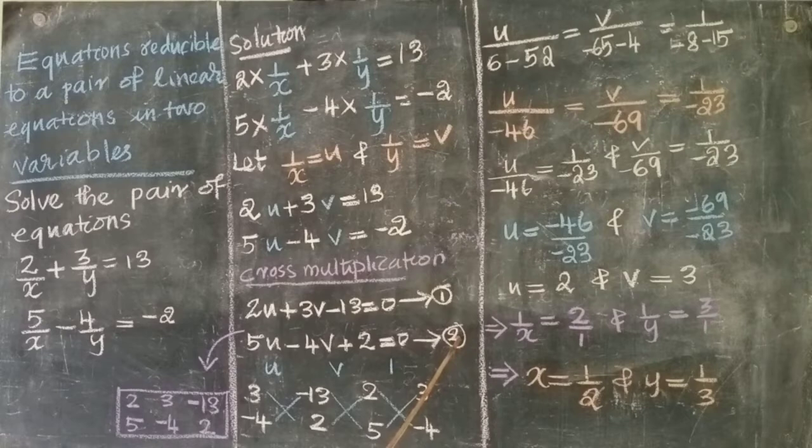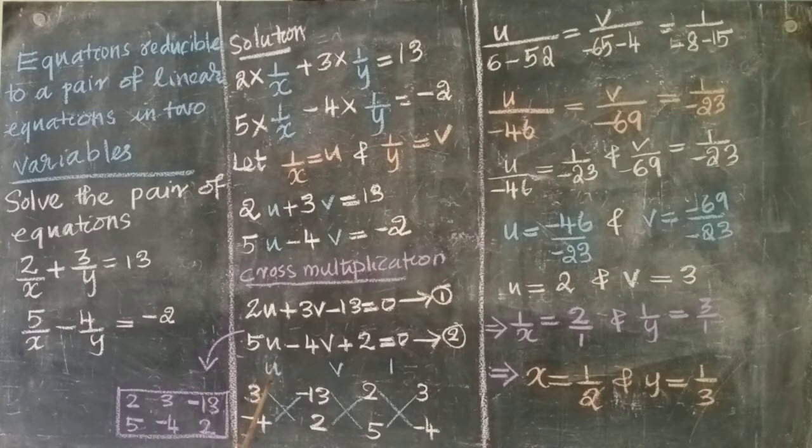Cross multiplication method you have studied, it is in the notebook. You can refer to it. For applying the cross multiplication method, first you collect a1, b1, c1, a2, b2, c2 in a box. 2, 3 and minus 13 are a1, b1, c1. 5, minus 4, 2 are a2, b2, c2.